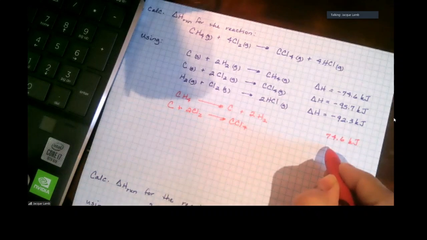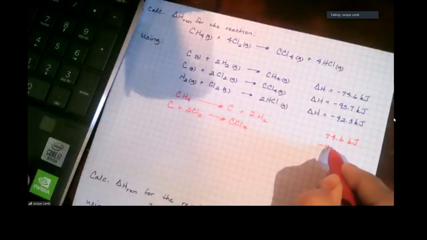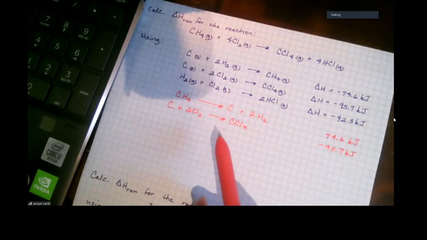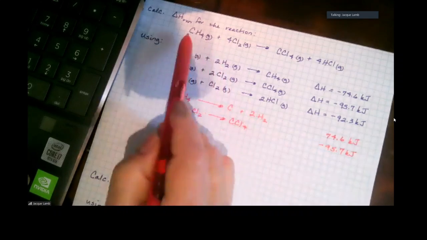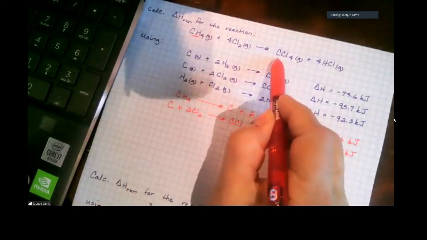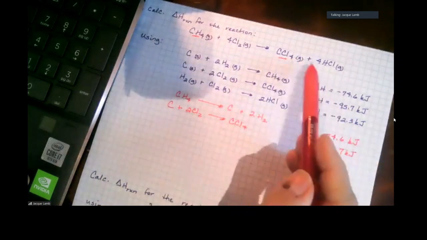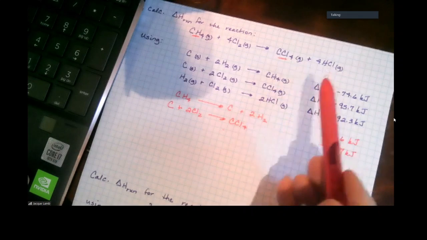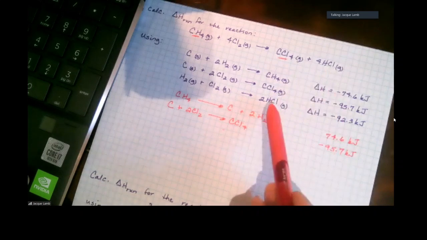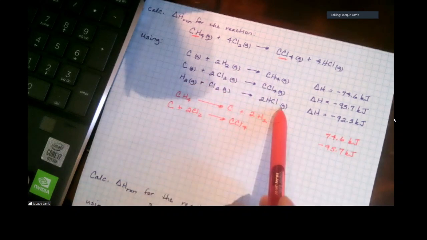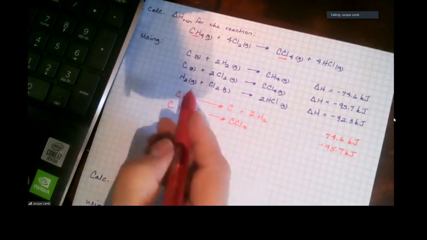And the delta H there is minus 95.7 kilojoules. I've accounted for this reactant and I've accounted for this product. I have not accounted for the hydrochloric acid, which is a product. I need 4 of them. This equation gives me 2. So I'm going to write this third equation, but I'm going to multiply it by 2.